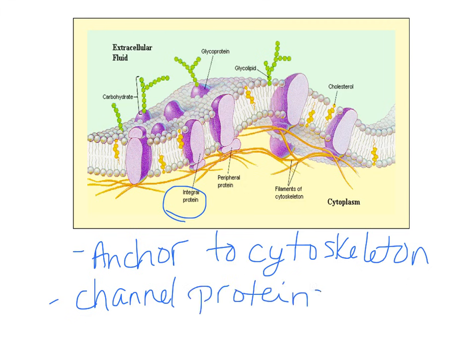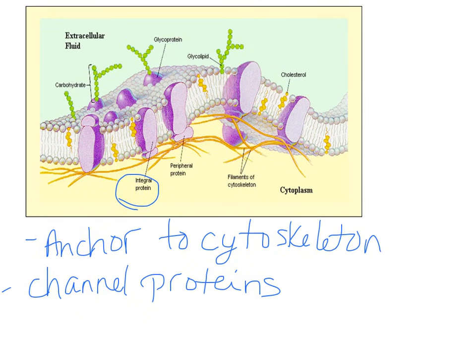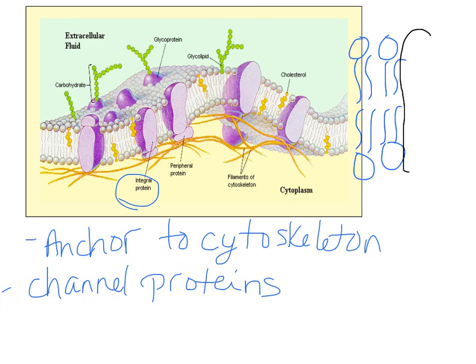Remember, in the phospholipid bilayer, we've got this large nonpolar area in the middle there, right? And we've got some molecules that, remember, if they have a charge or if they're too big, they can't get through that area. And so we have what are called channel proteins.